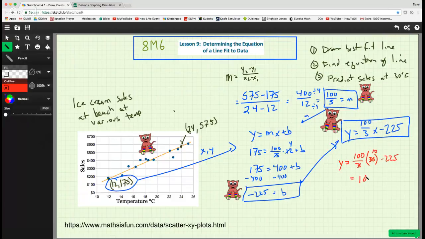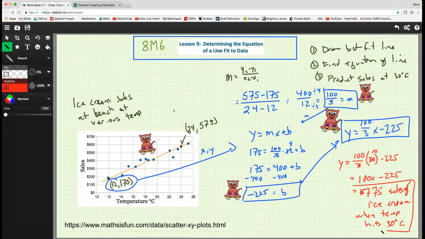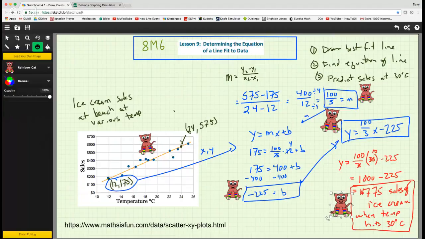These numbers work out nice. 1,000 minus 225, so that equals $775. Sales of ice cream when temperature hits 30 degrees Celsius. And that deserves a happy cat.